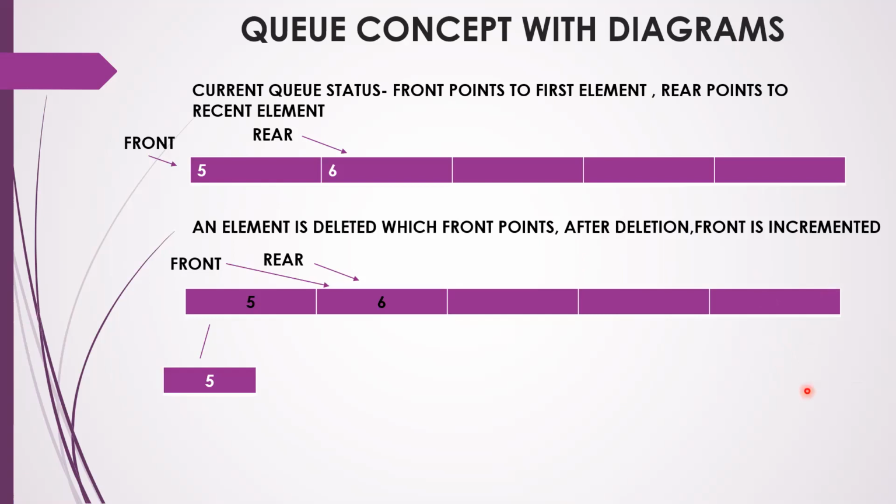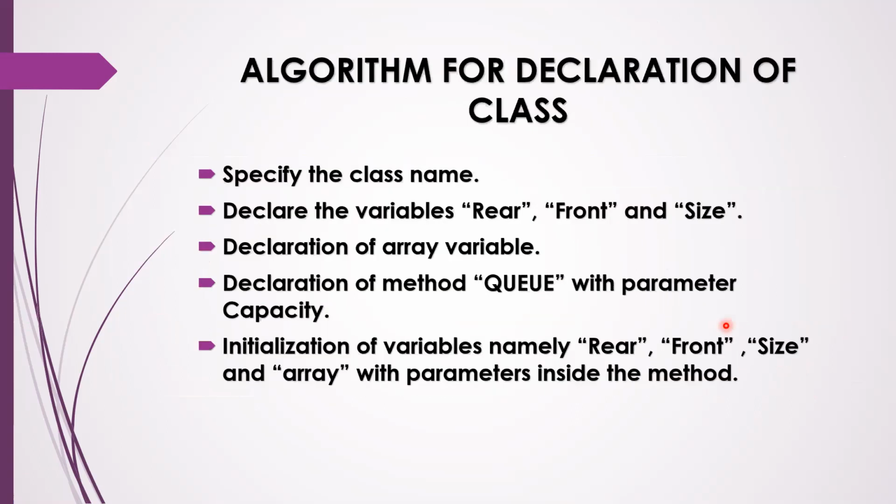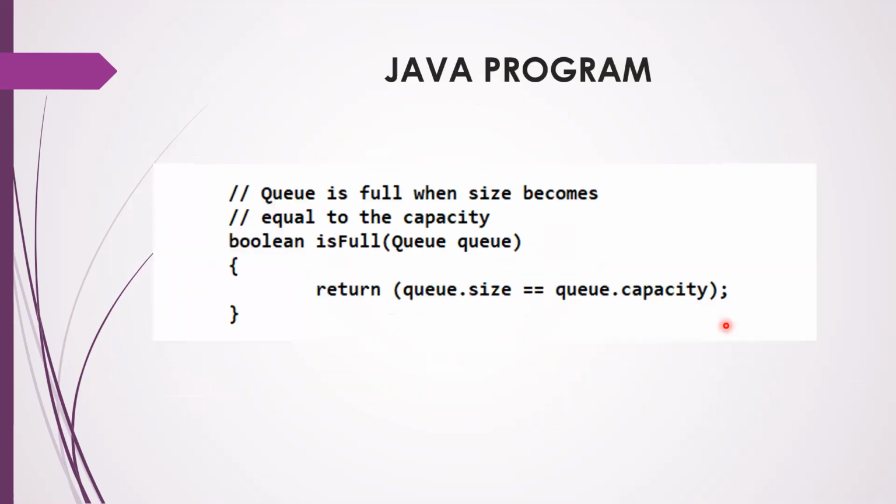So 5 divided by 5, you get the remainder as 0, which will point again to index 0, right? So you have to know the size, and based on the size, you have to do it.